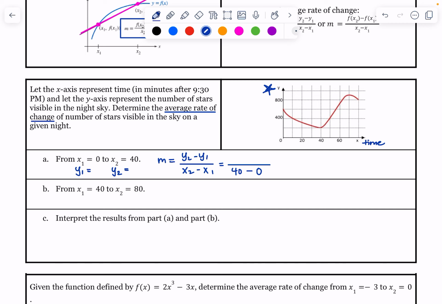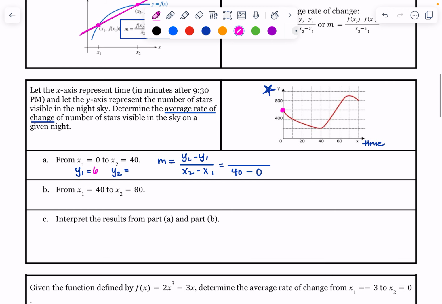So when x is 0, that would be this dot here. Let me use color so we can see a little bit better. I'll use pink for this one. When I put a dot here, the y value is about 600. So I'm going to make this value here 600. And then I'll use orange for this one.